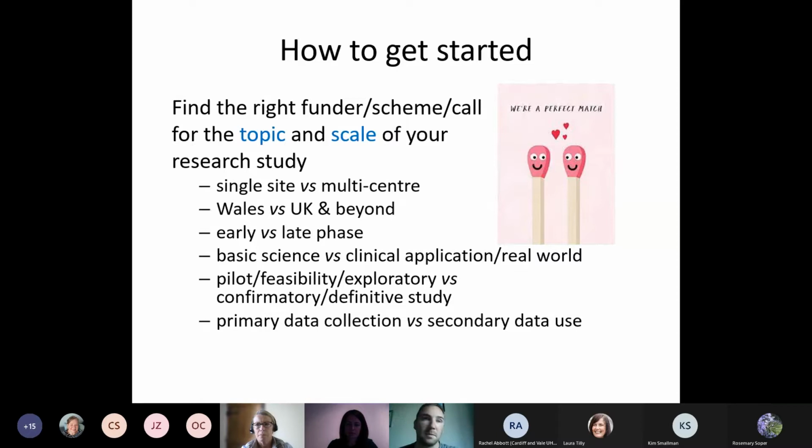We even have studies using school data collected by the police. So any kind of routinely collected data, that's something that funders really encourage you to use if possible, rather than, I suppose it's another example of reinventing the wheel. If the data already exists, it is an inefficient use of resources if you go back to primary data collection.